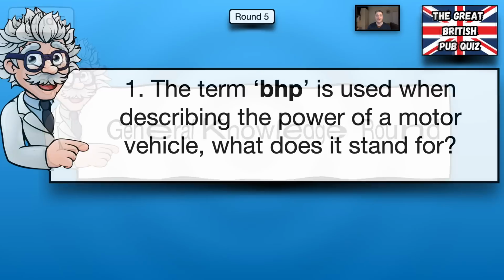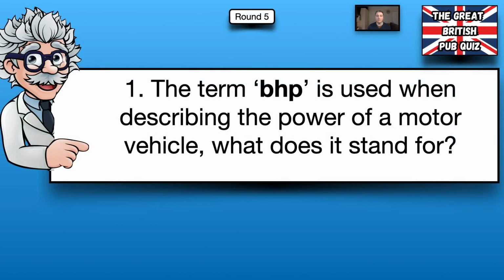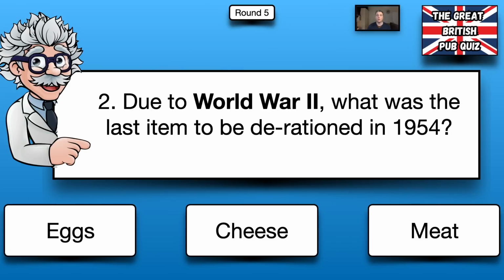Number 1. The term BHP is used when describing the power of a motor vehicle. What does it stand for? Number 2. Due to World War II, what was the last item to be de-rationed in 1954?